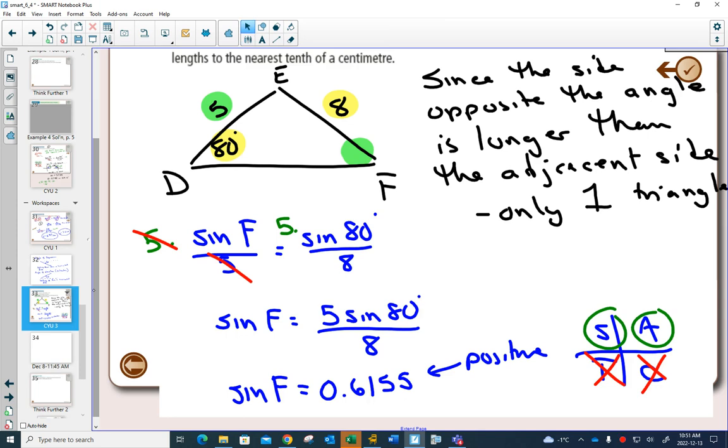Can you see that it will never, for sine law, it'll never be negative? Because if you had an answer in quadrant 3 or quadrant 4, it'd be like over 180 degrees. That would be impossible for a triangle already. Because the three angles in the triangle have to add up to 180. So you couldn't have one of them be more than 180.